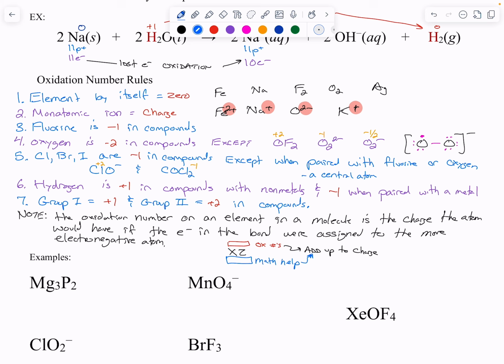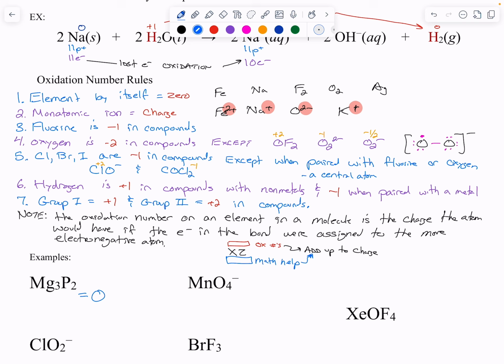Let's start with magnesium phosphide. Now that's a binary ionic compound. If we were doing this, you knew magnesium was +2 and phosphorus is -3, and we crossed the charges. But if we follow the rules, I put my math help down here first, and the charge on this thing is 0. It's neutral, so that has to equal 0. I go through the rules.